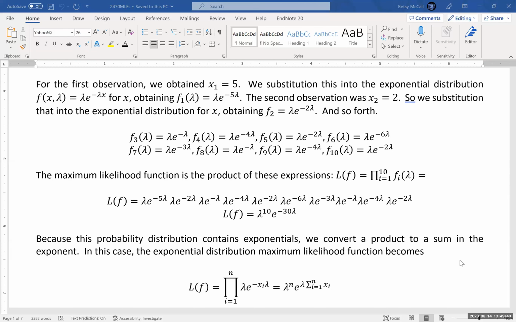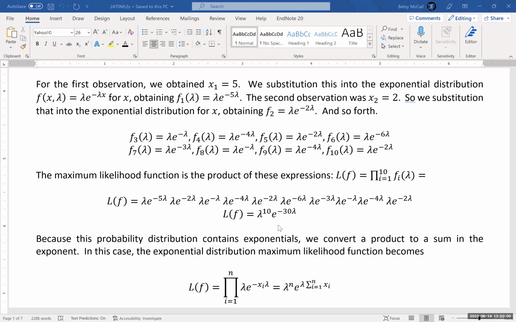Now, if we want to find the value of lambda that is the maximum likelihood, the most likely outcome for this, we would take the derivative of this function and set it equal to 0. You can also do this graphically, of course. You could plot it and try to find the maximum.